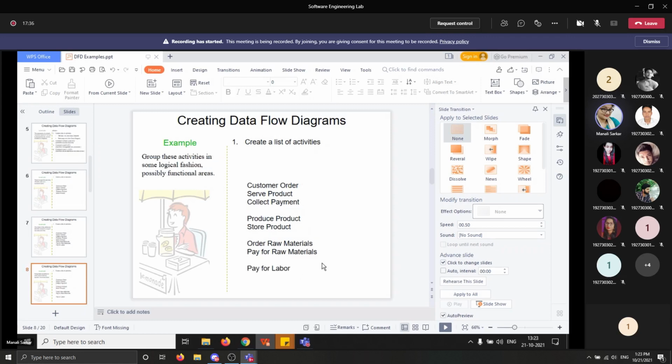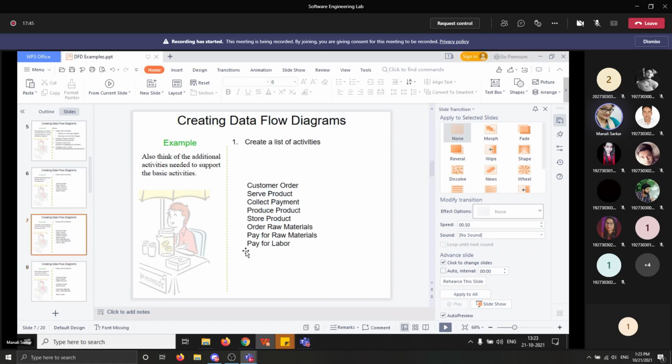Next is, see what are the list of activities. So we are grouping the list of activities. We have first created the list of activities. Now we are grouping the list of activities in a logical fashion. Logical fashion means, see here, if you are giving customer order and then serve product and then collect payment, we are combining these three in a single one.